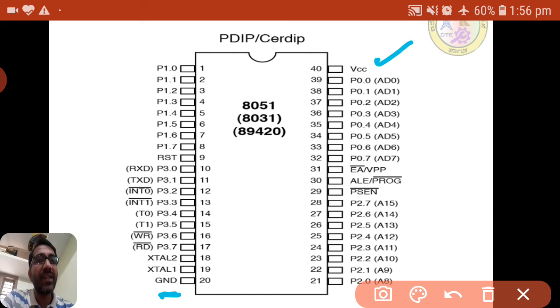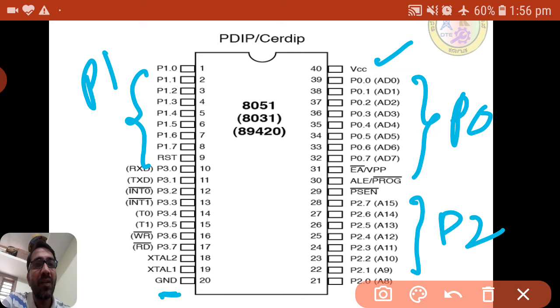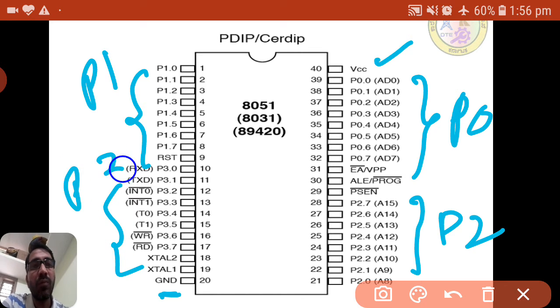And as we know from the architecture, 8051 has 4 ports. This is port 1, this is port 2, port 0, and this one is port 3. Each port has 8 pins: port 0, port 1, port 2 and port 3.